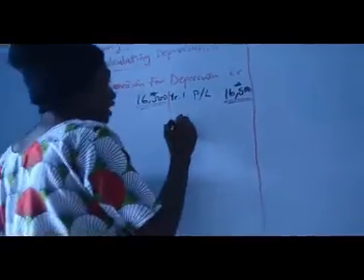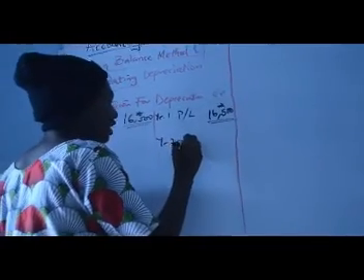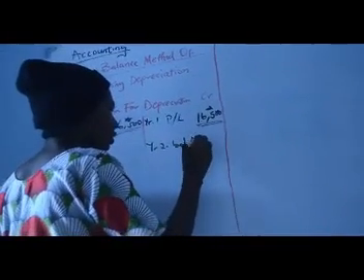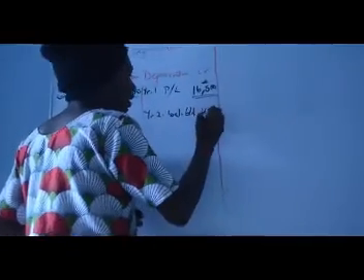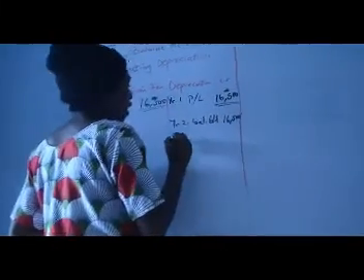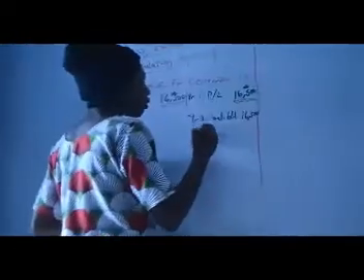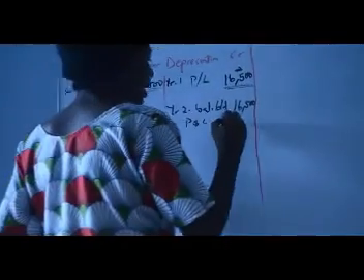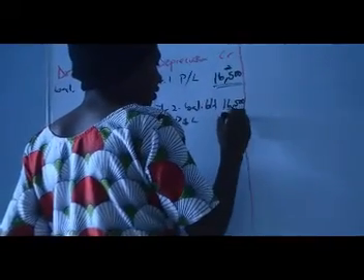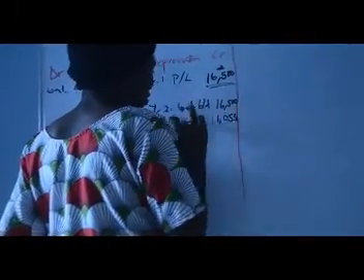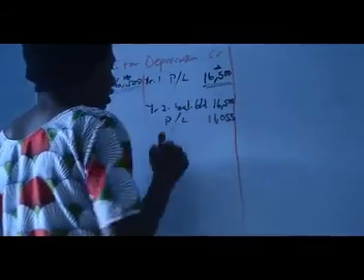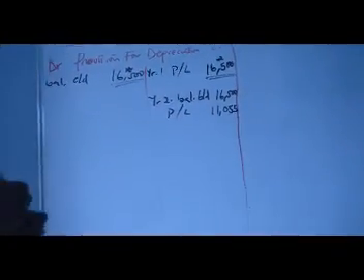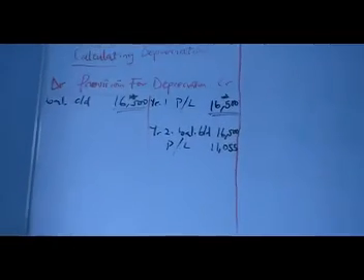Now for the second year, we have our balance brought down, which is 16,500, right? And then we are adding our income from profit and loss account for the second year, which is 11,055. Profit or loss, 11,055. So let's quickly add that up.